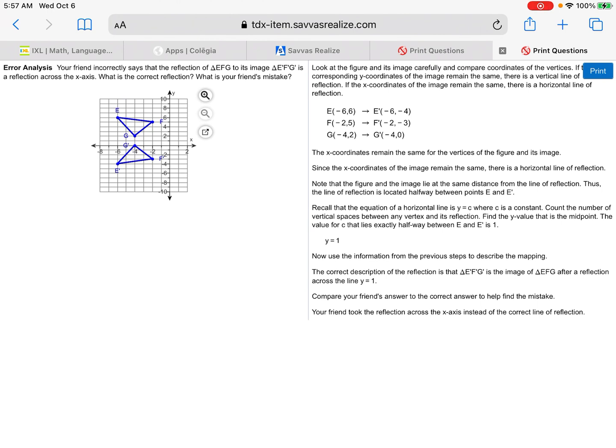So it says, your friend incorrectly says that the reflection of triangle EFG to its image E prime, F prime, G prime is a reflection across the x-axis. What is the correct reflection? What is your friend's mistake? Okay, so that's the figure that he drew. So, he's claiming that that's a reflection across the x-axis.